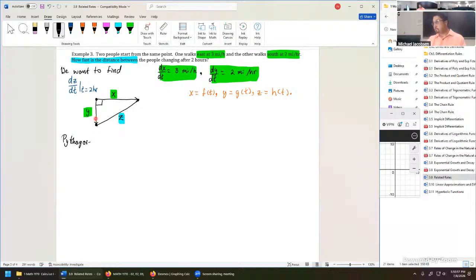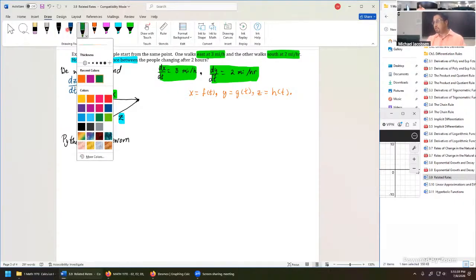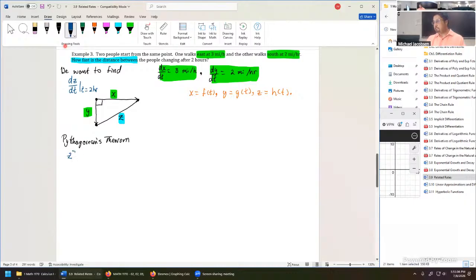Pythagoras's theorem says, let me get my colors loaded up, z squared is going to be equal to x squared plus y squared. So that's Pythagoras's theorem altogether.